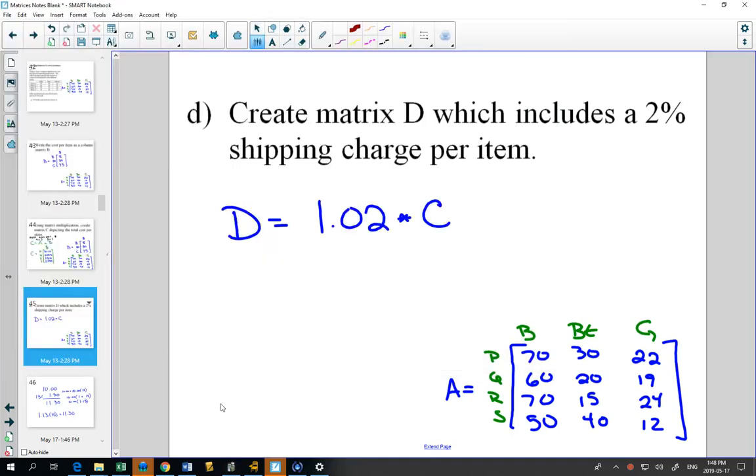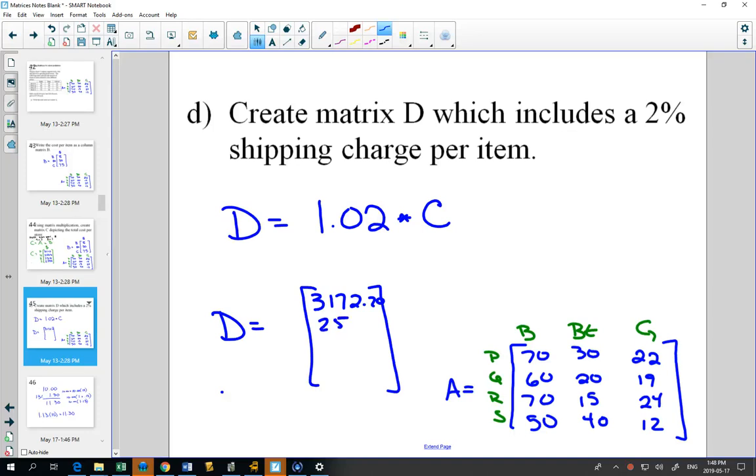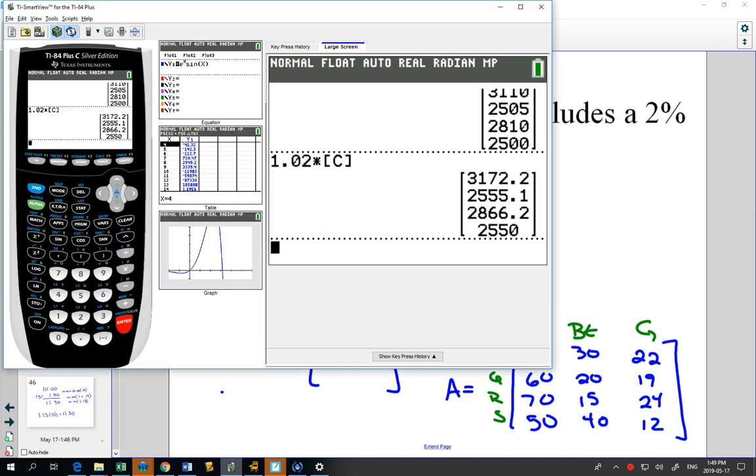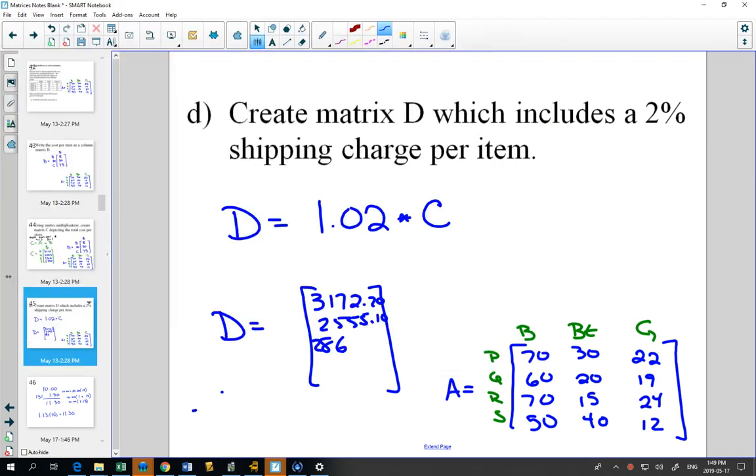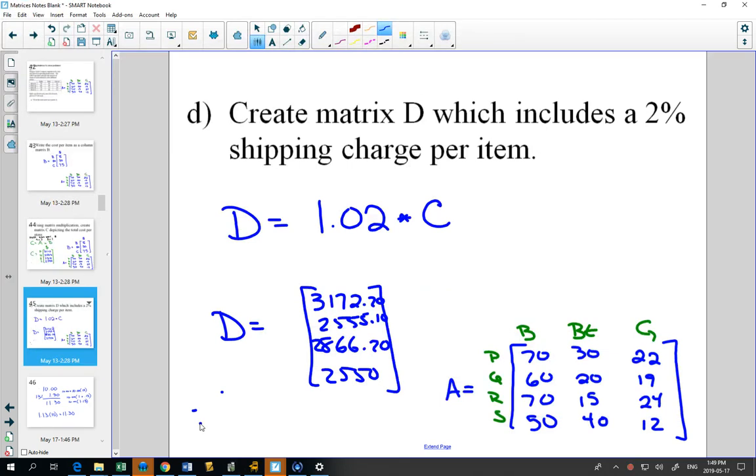3172.2. 2555.1. $2866.2 and 2550. Yes. And this still would stand for P, Q, R, and S, and still the amount of money, but now it includes the shipping cost.